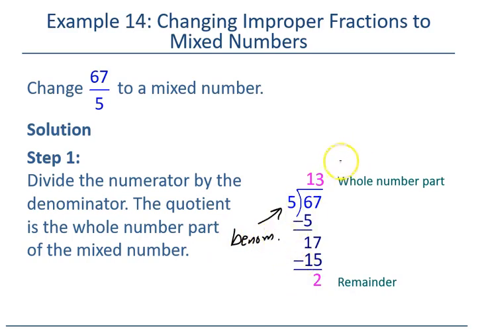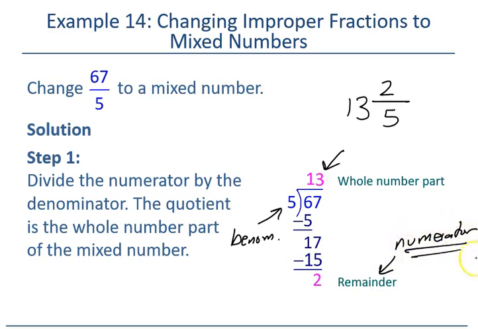Just put that there. The 13 is the whole number part, not the numerator, I'm sorry. The 2 is your numerator, and then you've got the 5. So remember, the remainder is your numerator.